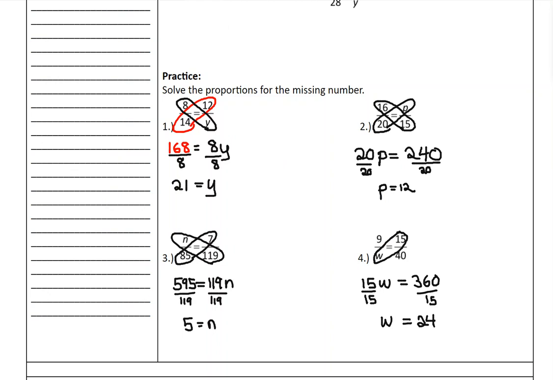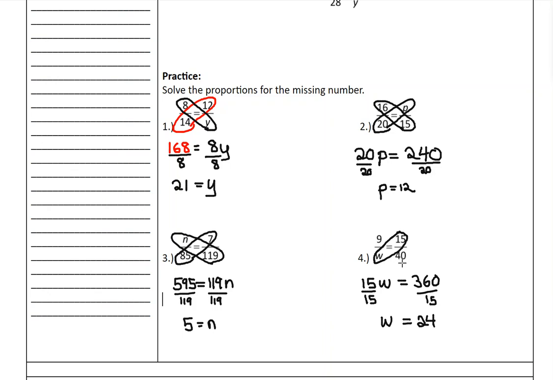All right, so please take a moment to check your work. You should have cross-multiplied and then divided by 20 to get that p would have to be 12 to complete this proportion. For number 3, cross-multiply, divide by the number paired with the variable, 119, and you should have gotten that n would have to be 5 to complete the proportion.